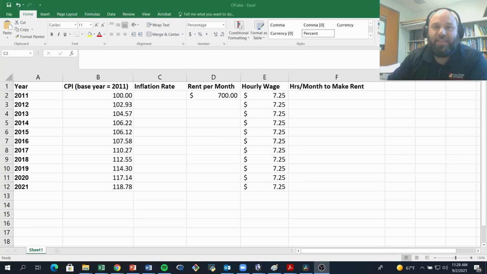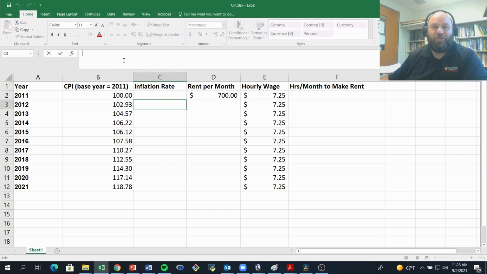So we can calculate that as the percentage change in Excel. So let's do that. Of course it doesn't make sense to calculate in year one, in 2011. We'll call that year zero actually, because there's no previous, there's no old to compare it to. So we'll start calculating the inflation rate in 2012.